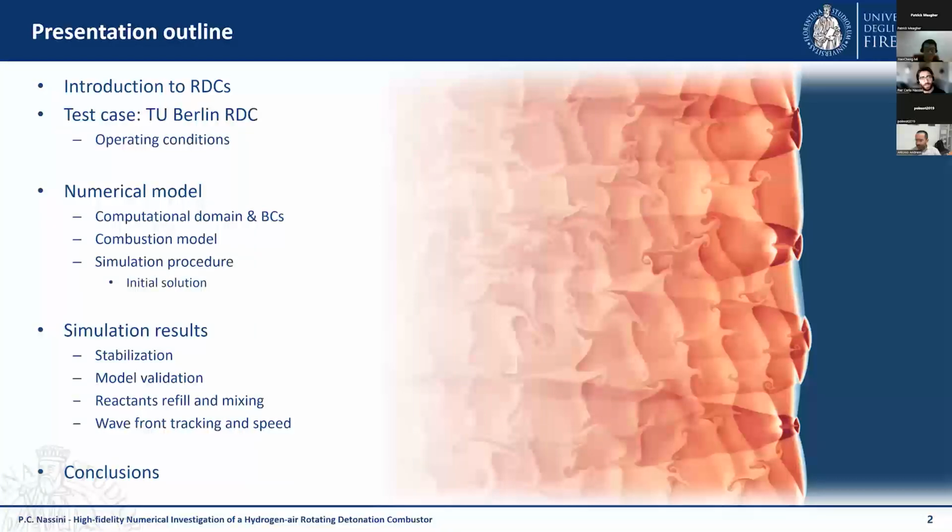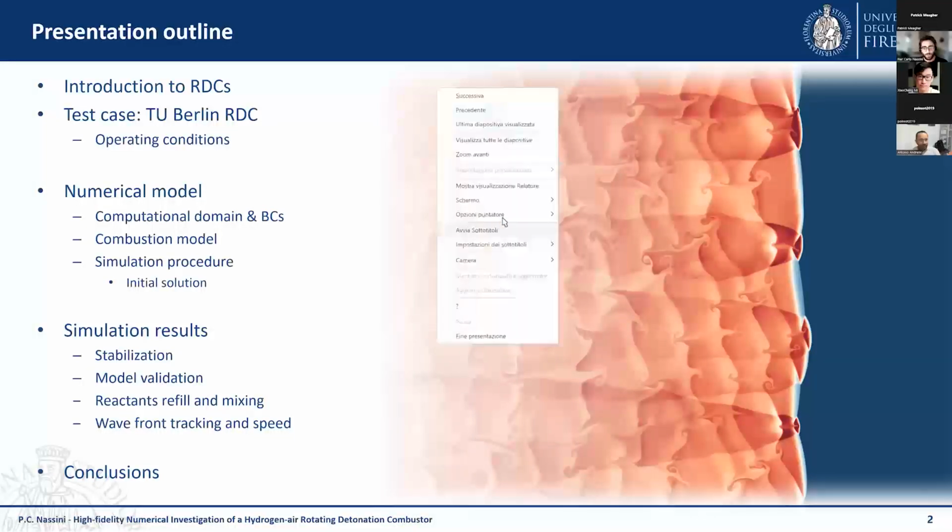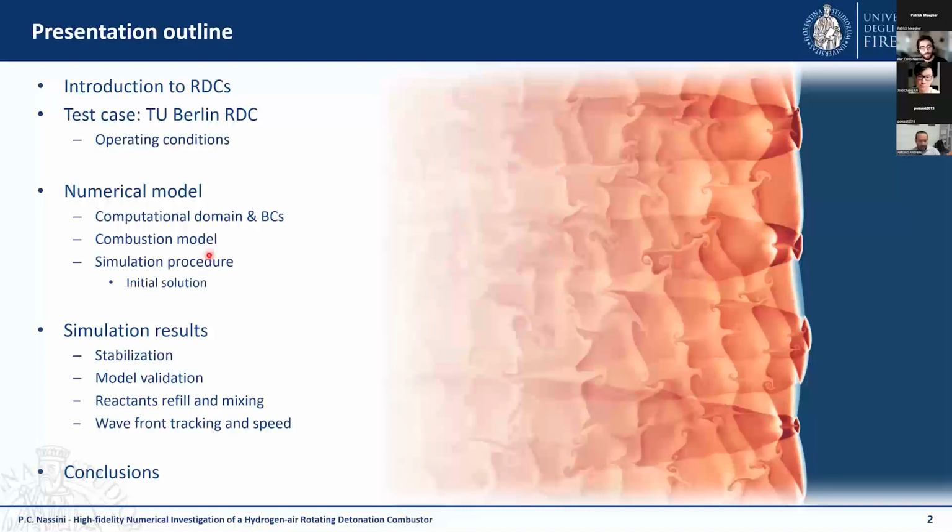After a brief introduction to RDCs and the test case I'm going to analyze, I will focus firstly on numerical models, so the main choices we made to model the combustor, and then I focus, of course, on the results of the simulation, and specifically on the reactants refill and mixing inside the rotating detonation combustor. And finally, this will lead me to the conclusion of my talk.